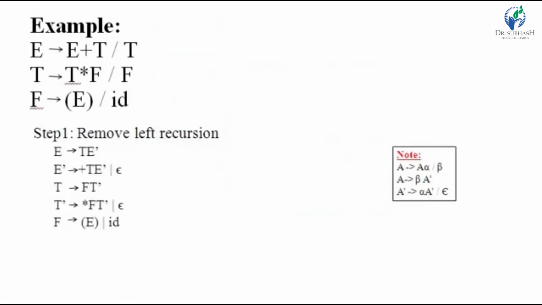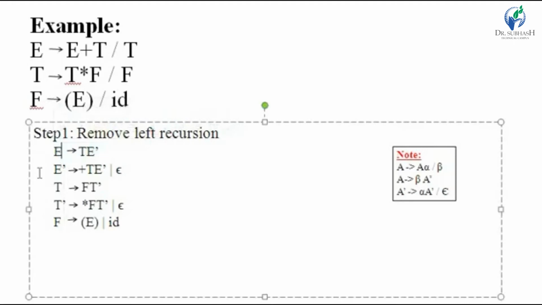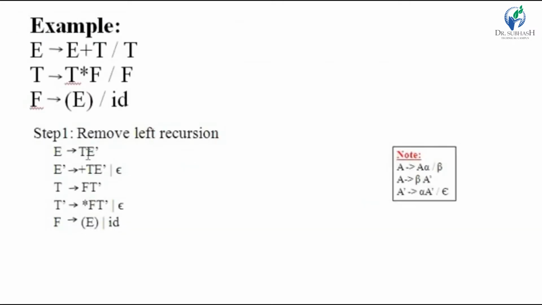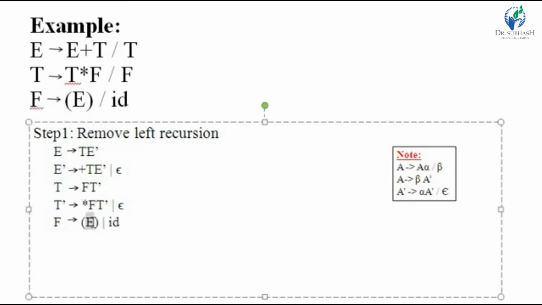Now compute follow. For follow, first add $ sign to the starting symbol. In your grammar, here is the starting symbol. So first add $ sign to the starting symbol. Then check any right hand side production, you find a non-terminal E. Yes, at this place I find E. So compare this grammar to A gives alpha B beta.